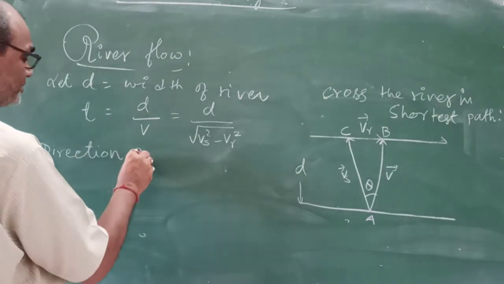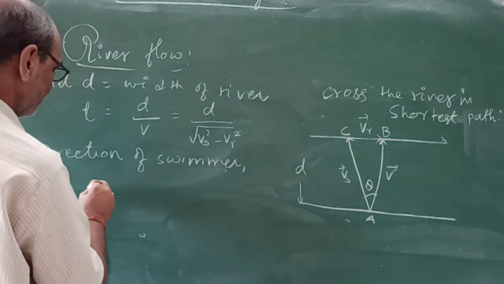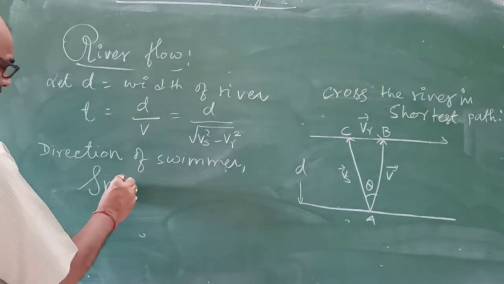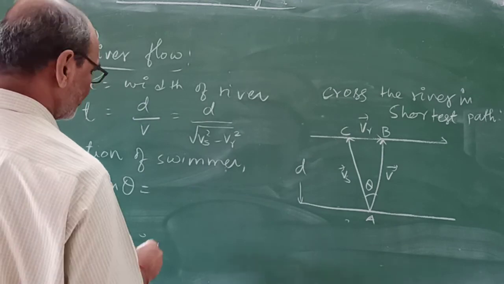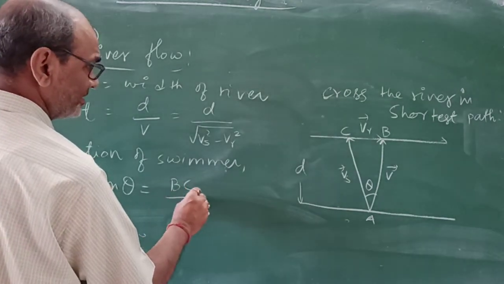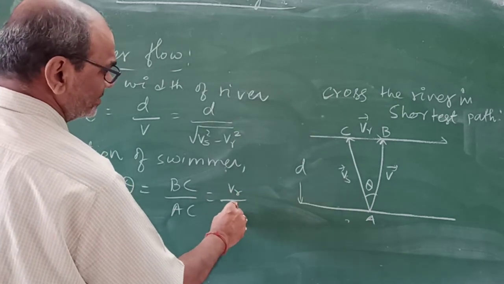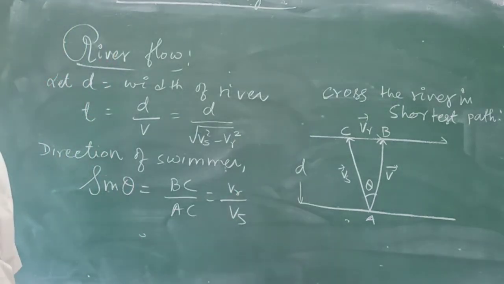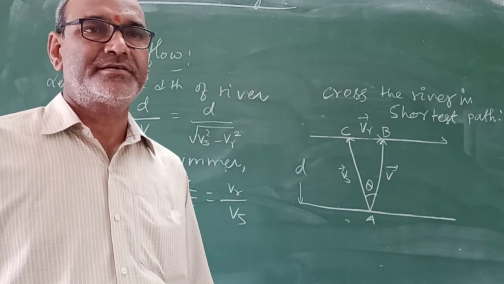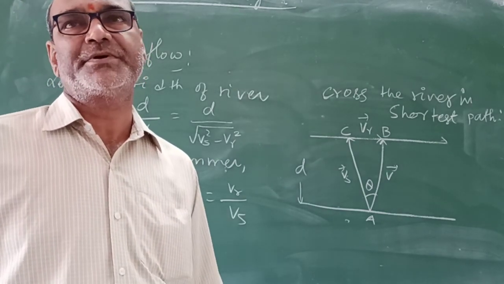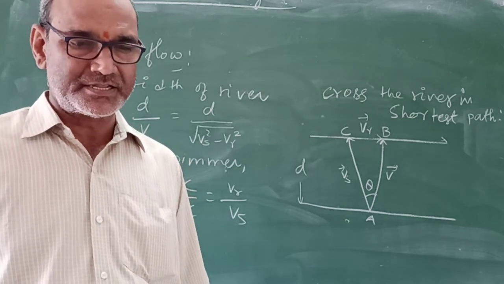Sin theta is equal to perpendicular by hypotenuse, BC by AC, which is equal to Vr by Vs. In this way, a swimmer can cross the river along the shortest path.